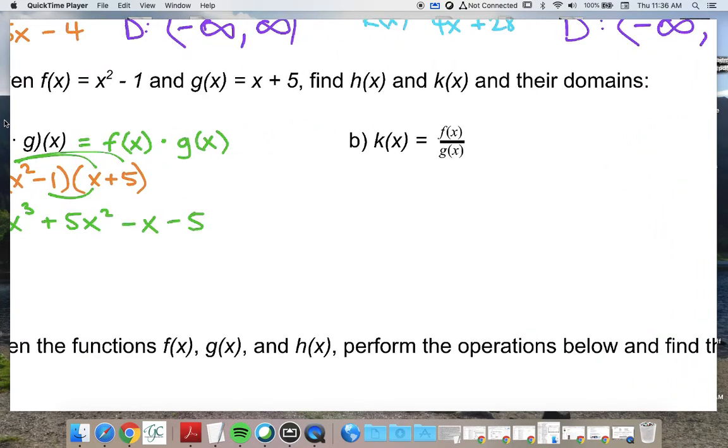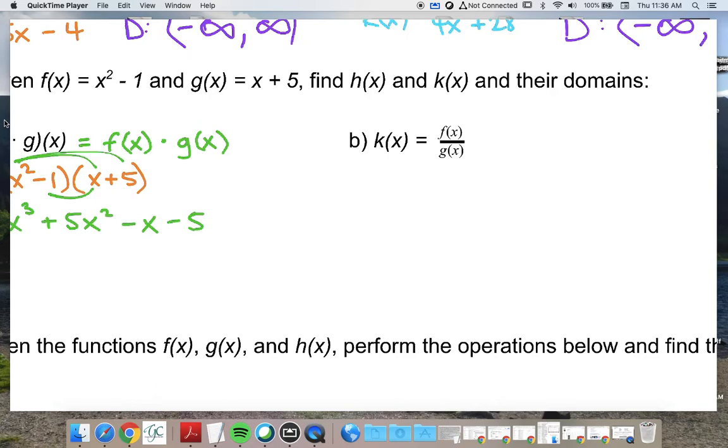This time we're dividing our two functions. Like I mentioned at the beginning, when we are dividing in this unit, we are literally just plugging into that fraction, and there's not going to be any more simplifying you can do. We have set it up so that no simplifying needs to occur. They've given this problem to us in a way that's easy for us to read.